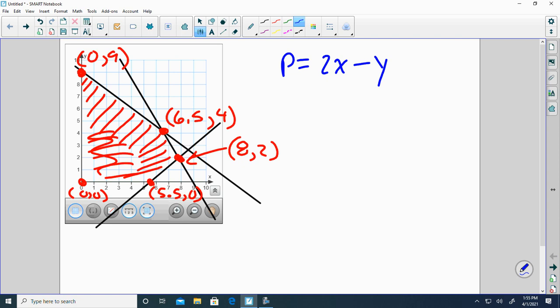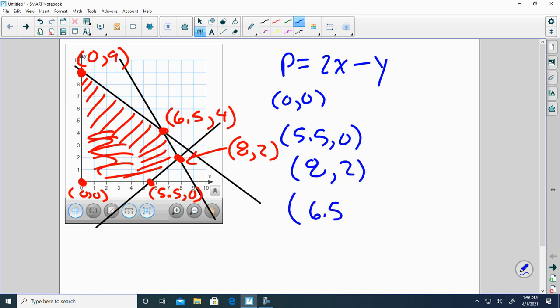So what you're going to do is you're going to take all your points, so 0, 0, and 5.5, comma 0, and 8, comma 2, and 6.5, comma 4, and 0, comma 9. So if we're going to do this, these are all xy values.